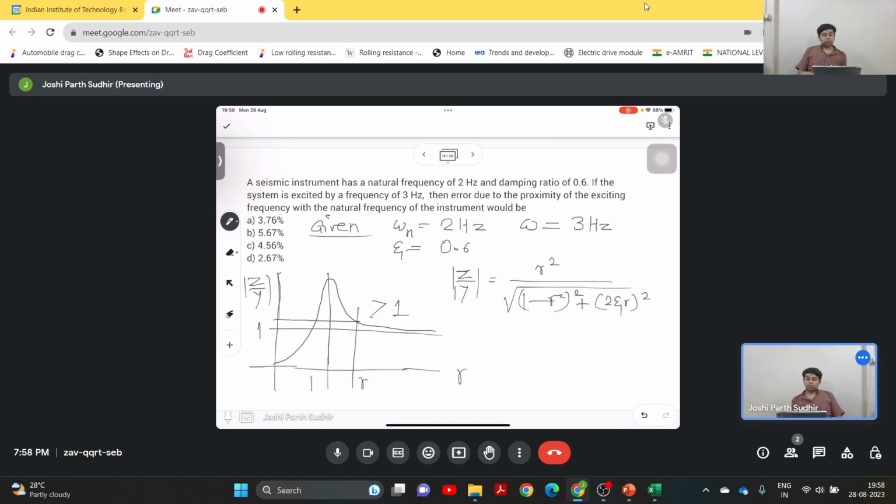Z represents the measured quantity and y represents the actual one. So the error would be basically z minus y by y. That is something that we need to find out.